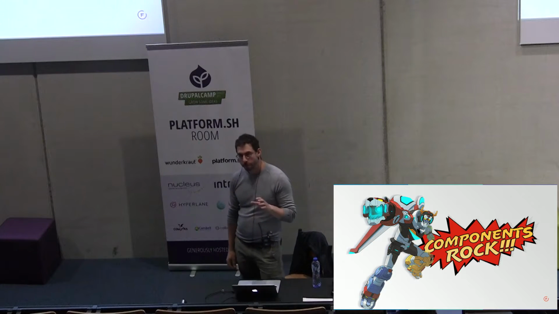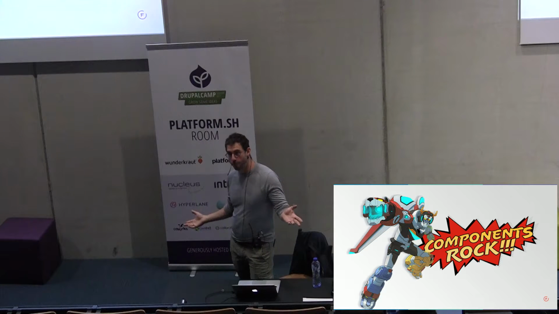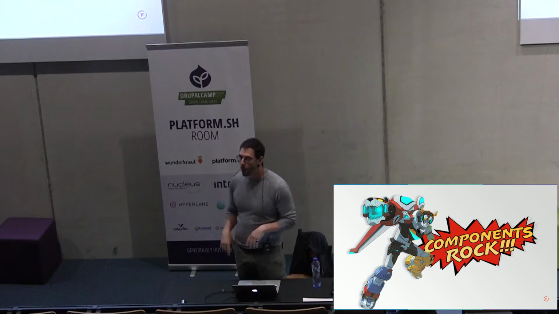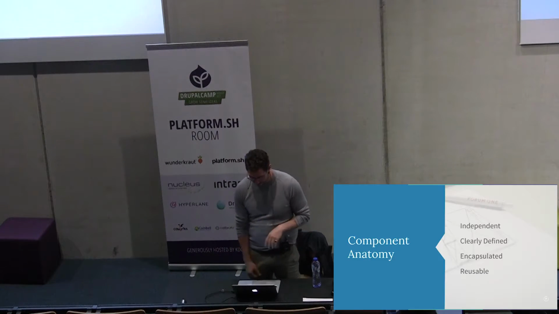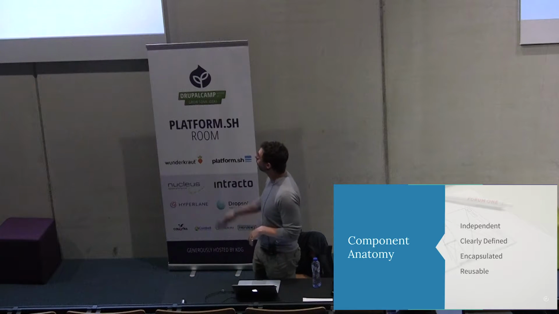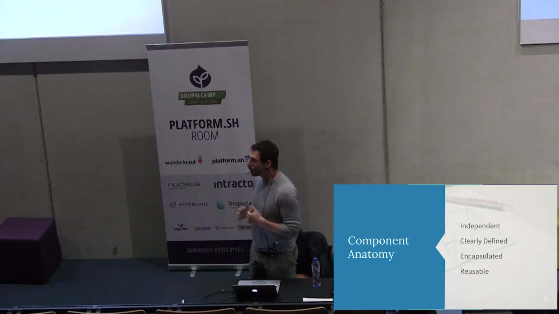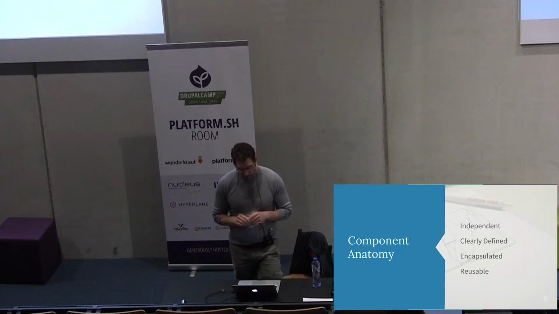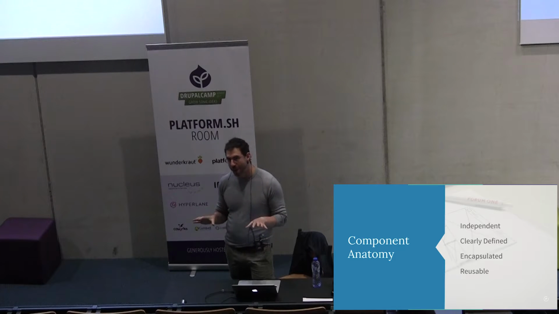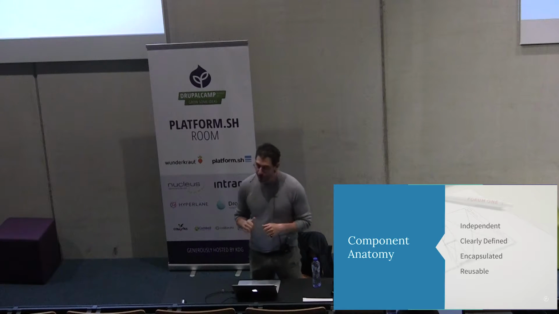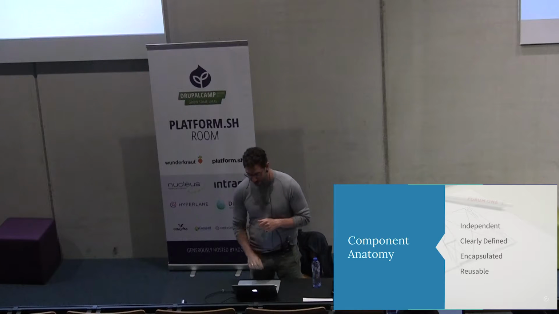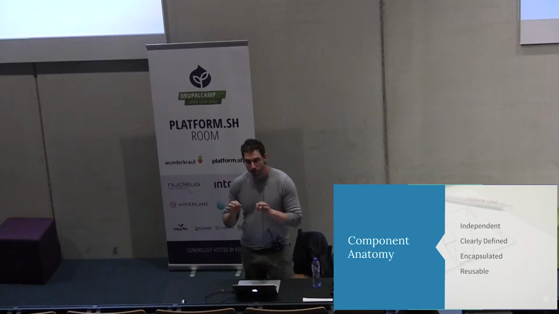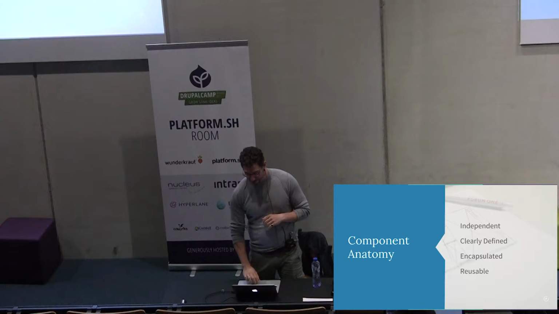So, now can we agree that components are awesome? Yes, of course we can. But now we're going to take a quicker look at what makes up these components. We declare that there are these 4 things. Independent, that is, can exist on their own. Styles and functionality should not bleed into other components, does not depend on context. They're clearly defined, which means limited in scope for one specific job.